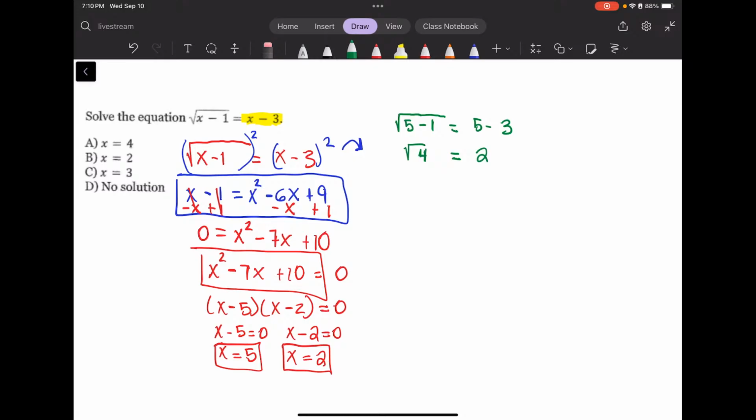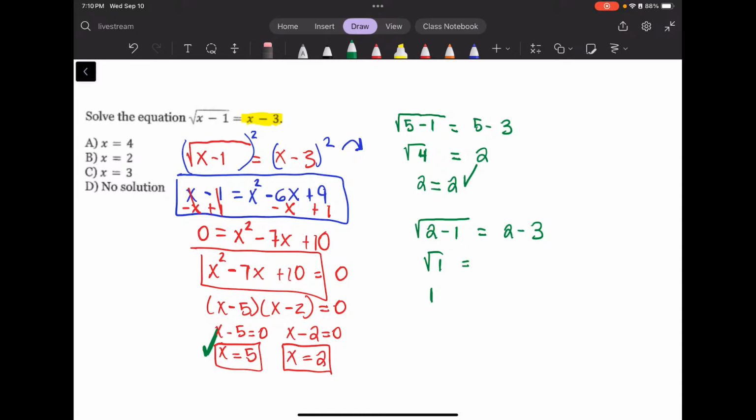So we have radical 5 minus 1 is not equal to 5 minus 3. So we know the right-hand side is equal to 2, and the left-hand side, we have radical 4. When we simplify that, the square root of 4 is 2. 2 is equal to 2. So we know when x is equal to 5, that is a solution to the radical equation.